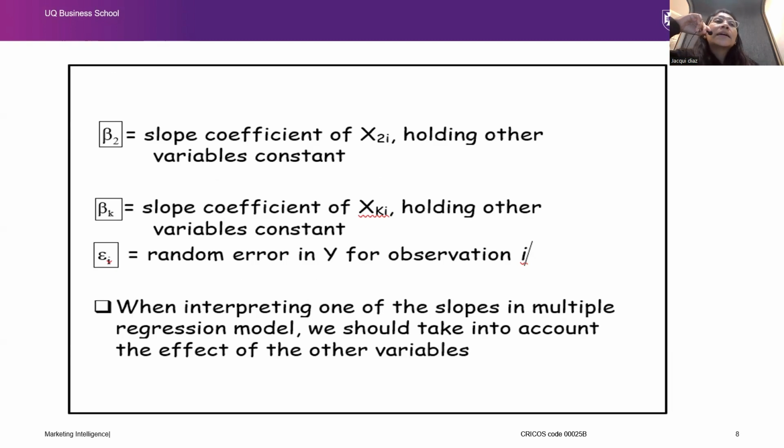The last one is e, which represents the random error in y for every observation, and thus includes all the variables that we haven't considered in our model. When interpreting one of the slopes in a multiple regression model, we should take into account the effect of the other variables.